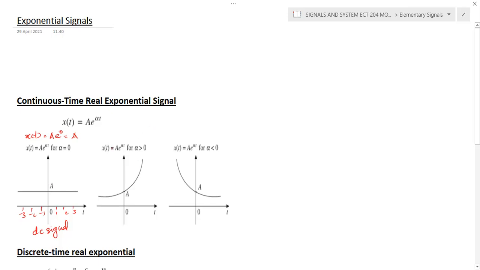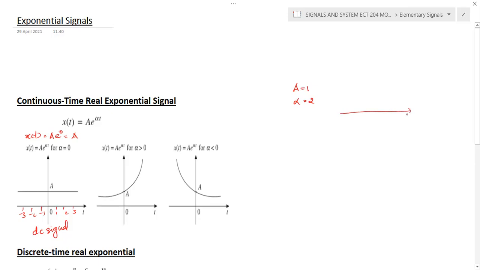Now we'll discuss another case, when the value of A e raised to alpha t and alpha is greater than 0. For example, you can consider a special case that A value is equal to 1 and alpha is equal to 2. So we can approximate this graph.